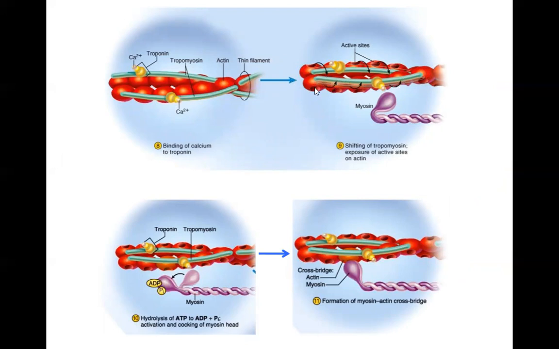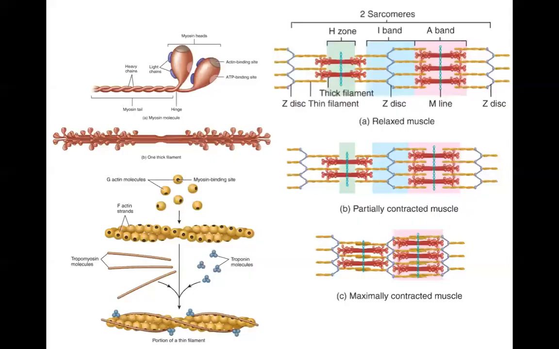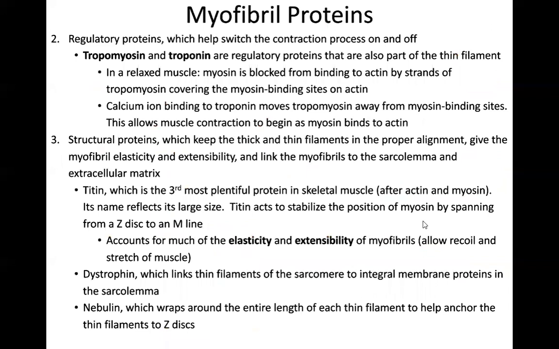It moves out of the way of those binding sites, which then enables, if the myosin is ready, to bond to and form what's called a cross bridge. I'm getting ahead of myself because this is what we'll talk about in a little bit. But when a cross bridge forms, then the myosin can grab and pull on the thin filament and ultimately end up doing what we showed over here in this set of pictures.